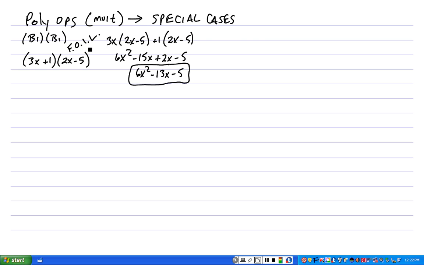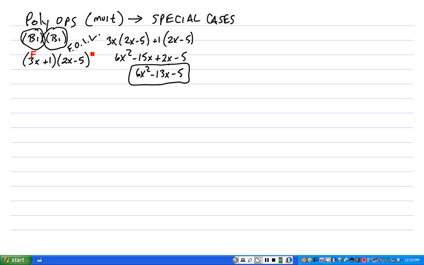First, outer, inner, last. Okay, and with the FOIL pattern, first of all, you have to understand that FOIL only works when you have a binomial times another binomial. That is the only time FOIL works. Now, what you're going to do is multiply something from the first binomial times something from the second.